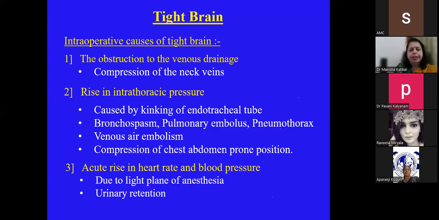My patient is in prone position. Is there any compression of chest or abdomen? Is the patient in lighter planes of anesthesia? Usually these patients have a Foley's catheter, so is there drainage of urine, or is there urinary retention? So these are the factors, along with the brain edema, that we should not miss while checking for a tight brain situation.